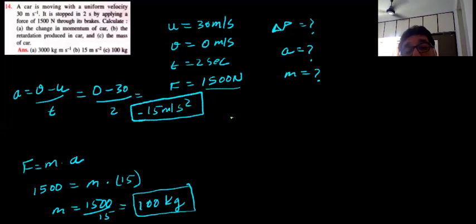Now let's find the change of momentum. Change of momentum equals final momentum minus initial momentum. So we can say mv minus mu. In this case, delta P equals m(v minus u).